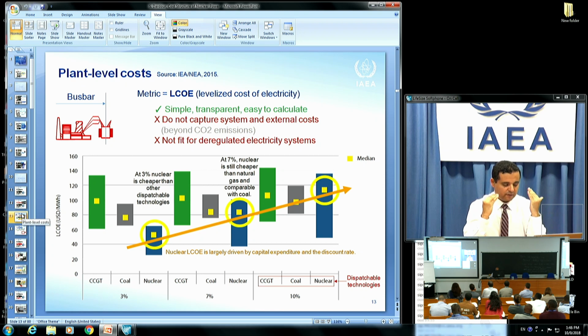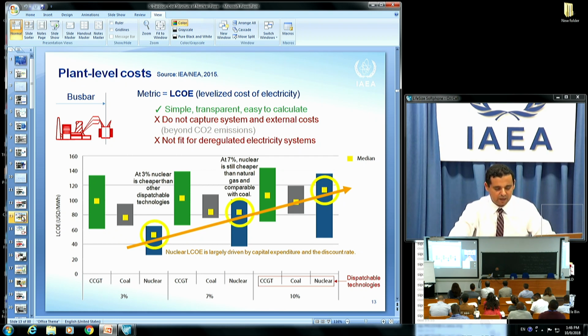And the other conclusion is that the cost of generating electrical power from nuclear, as from other sources, but to a lesser extent, I think, increases as we increase what we call the discount rate. So let me explain what this discount rate is.